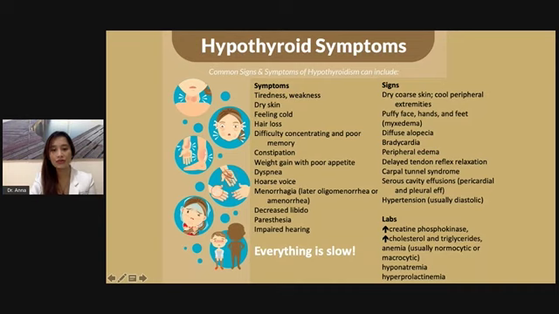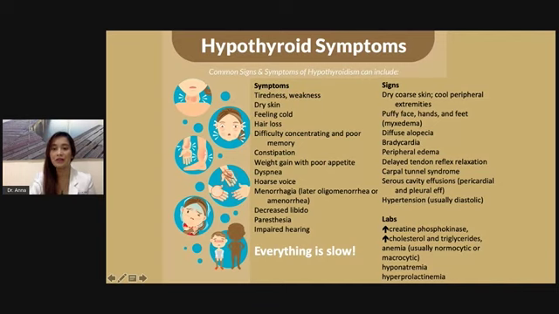Not everything is slow. When it comes to signs, then you will have dry, coarse skin, cool peripheral extremities. You'll have puffy face, hands, and feet. Diffuse alopecia, so I'll show you some pictures later. Bradycardia because of decreased excitability of the heart. Peripheral edema, delayed reflexes, even carpal tunnel syndrome, and serous cavity effusion.